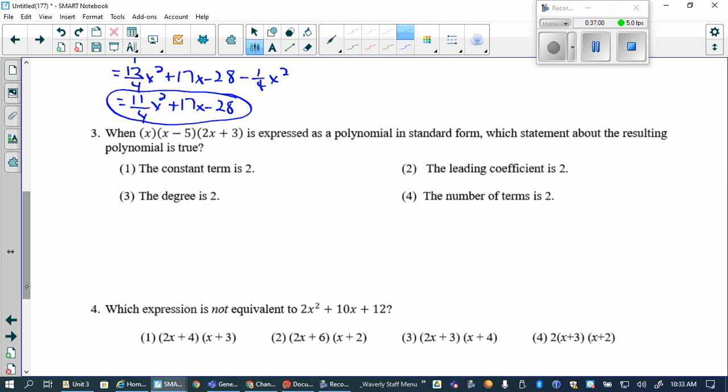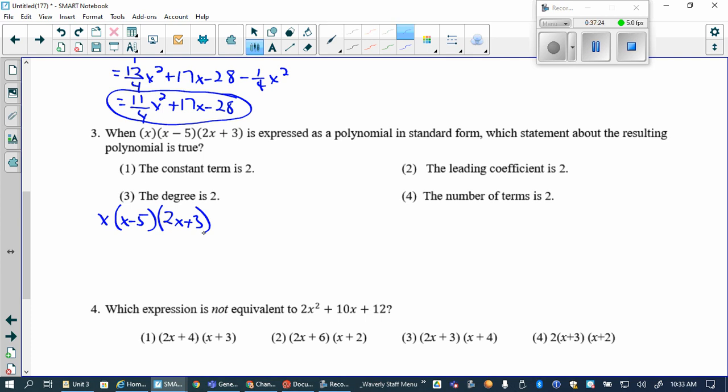So what are you going to have to do with this, guys? Multiply it out, yeah. Distribute, right? I don't need the x in parentheses, so just do it. X times minus 5 times 2x plus 3. Does it matter which 2 you multiply to begin with?